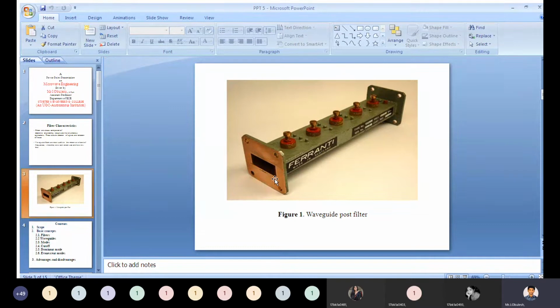A particular feature of waveguide filter design concerns the mode of transmission. Systems based on pairs of conducting wires and similar technologies have only one mode of transmission.